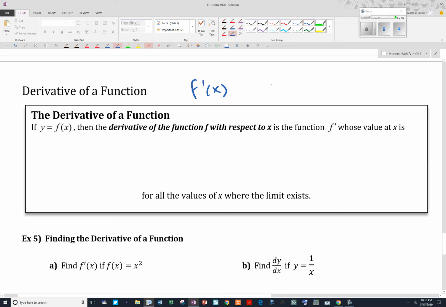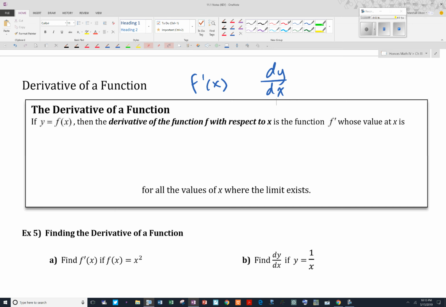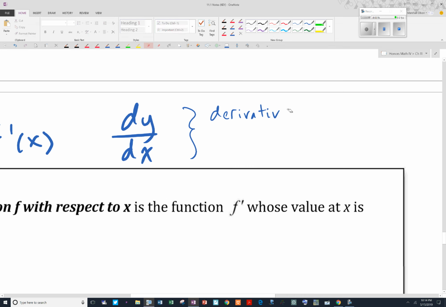We can have dy over dx, which is called Leibniz notation, and it means the derivative of y with respect to x.